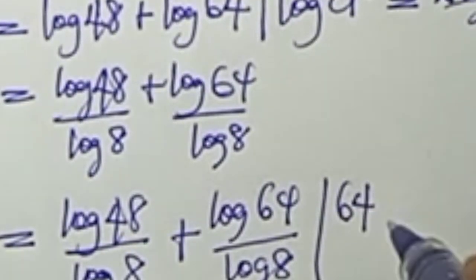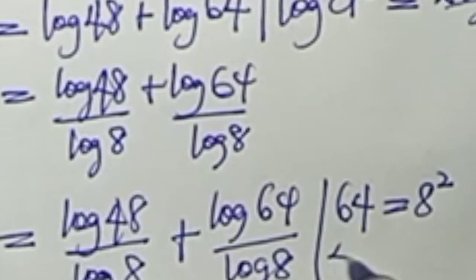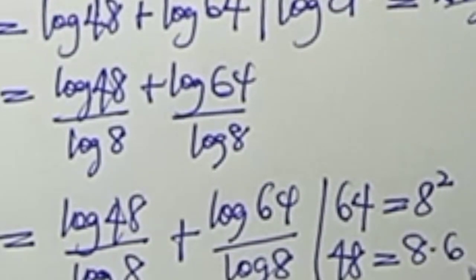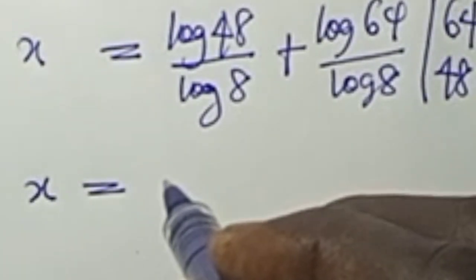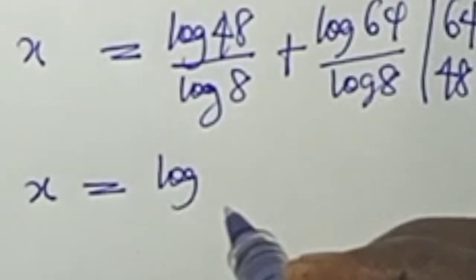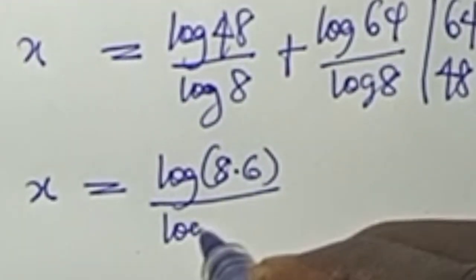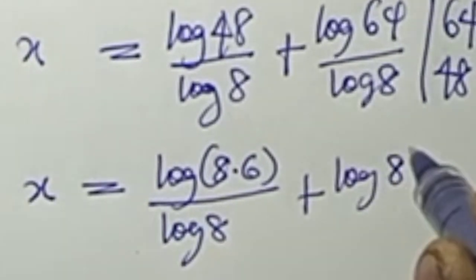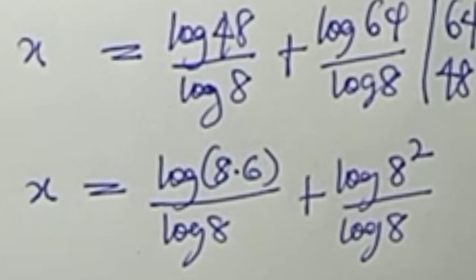But 64 can be written as 8 to the power of 2, and 48 can also be split into 8 times 6, so the next line becomes x equals log of 8 times 6 over log 8 plus log 8 to the power of 2 over log 8.